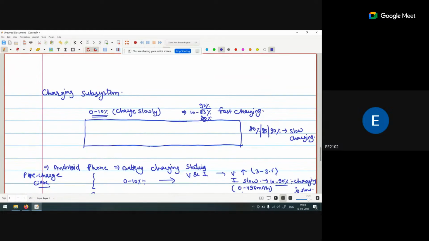So there are three different cases. If you are talking about the charging subsystem, we have three particular scenarios. Initially the pre-charging is done, then fast charging is done, and the last one is the constant voltage charging.